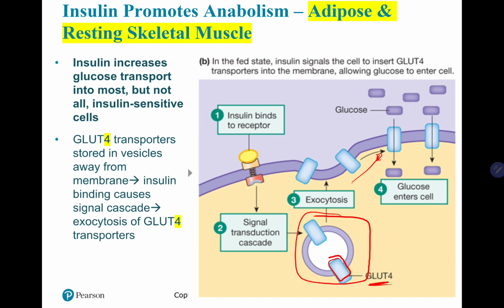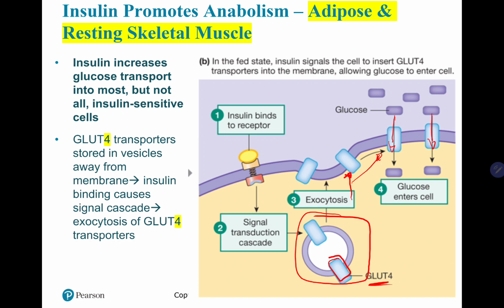Notice how these GLUT transporters are not automatically in the cell membrane. They're actually in vesicles, and in the presence of insulin they get put into the cell membrane. When those GLUT transporters are in the cell membrane, glucose can enter the cell.